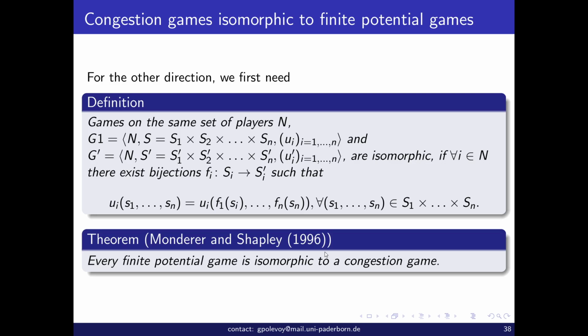The correspondence between the strategies of player i is f_i, and for each player we have such a correspondence. The total vector of those correspondences is the isomorphism. I need to change this because I do have several typos here. My apologies.